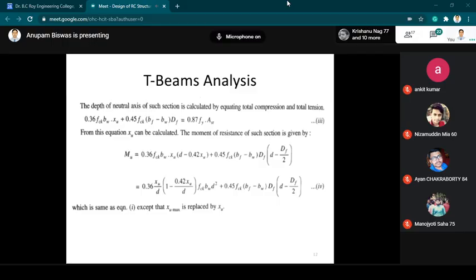That is why it is 0.42 Xu. I hope this is clear to everyone.